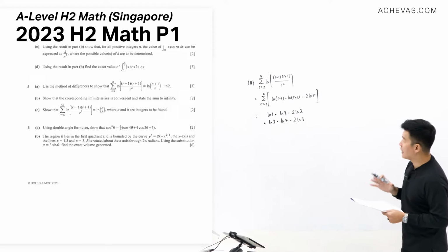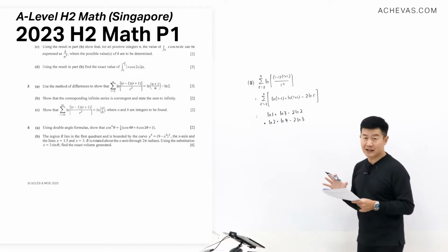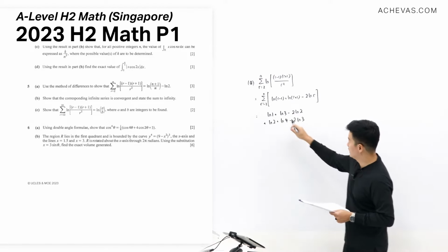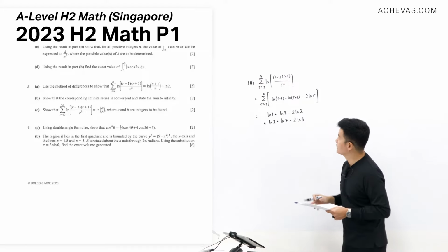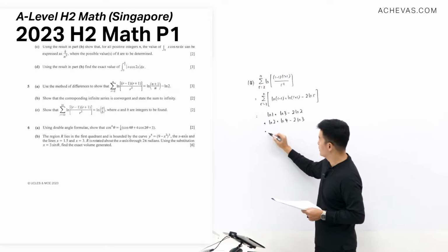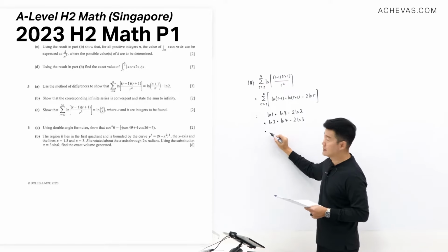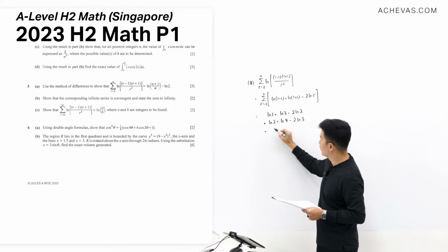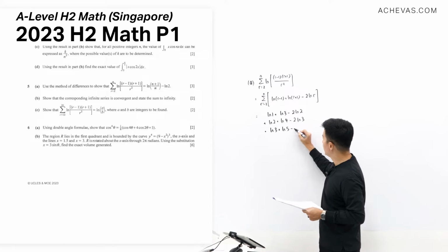We're not seeing anything that is actually cancelable yet, although this and this look the same, this and this look the same also. Let's just write down one more row and let's see how it goes. So that will be when r is equal to 2, 3, 4. So when r is equal to 4, we will have ln 3 plus ln 5 minus 2 ln 4.